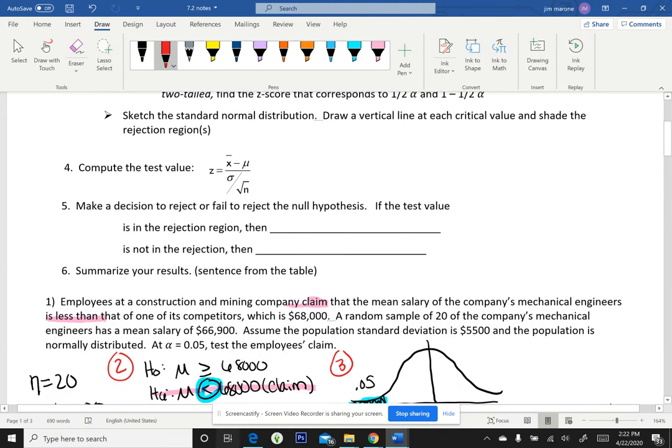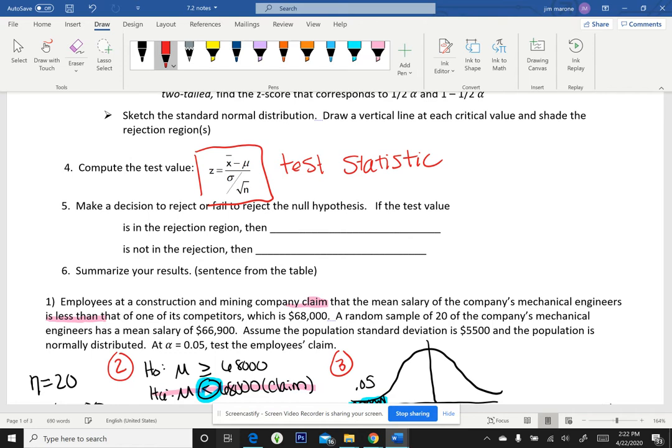Step 4 is to compute the test value. So this is what I kept referring to, that we're going to do some math. This is the test value, or what's also called the test statistic. That formula should look very, very familiar.